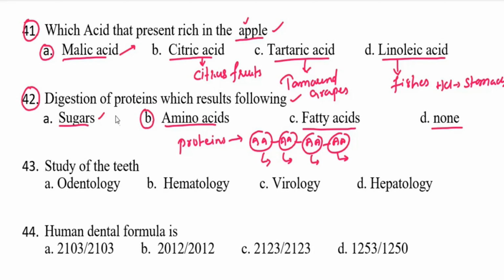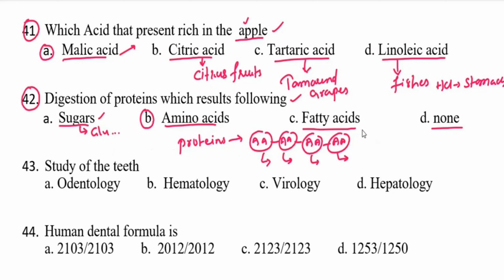Coming to sugars, there are many kinds of sugars, as we discussed in previous sessions: monosaccharides, disaccharides and polysaccharides. If sugars are broken down by digestion, they produce monosaccharides like glucose and galactose. The remaining I will discuss in upcoming classes in a detailed manner.